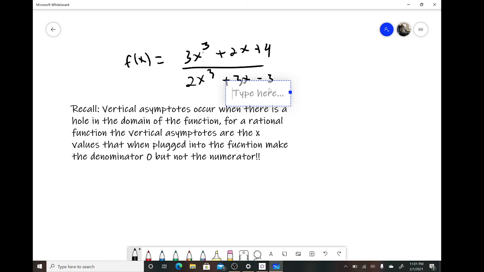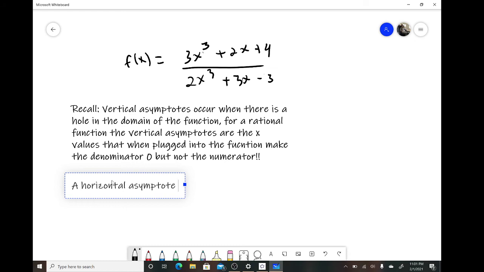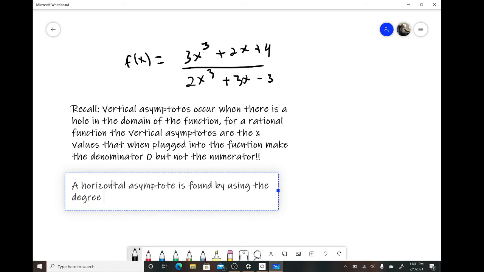Horizontal asymptote was a little bit more involved. A horizontal asymptote, for our purposes, is found by using the degree and leading coefficients of the function.